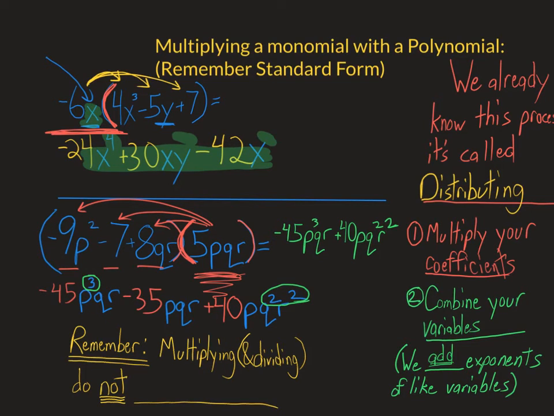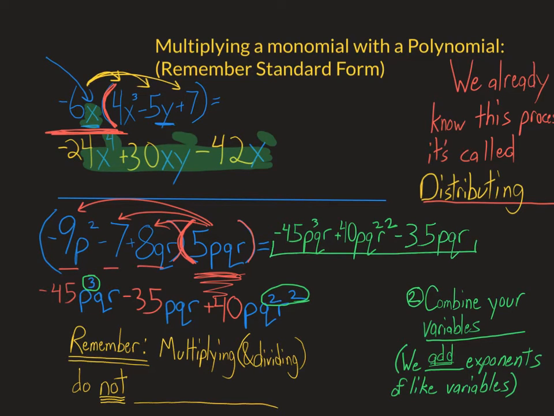And now that middle term goes last, and we're going to need some room to fit him in. Minus 35 PQR. Okay, now it's correct. Now it's in standard form.